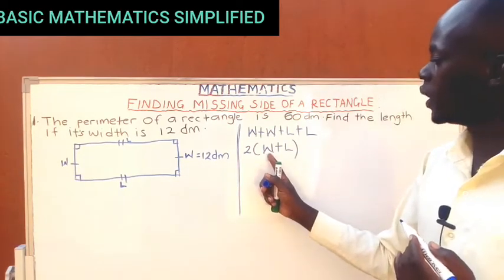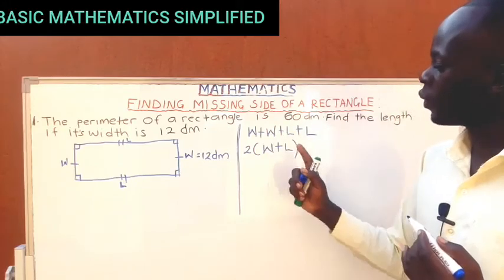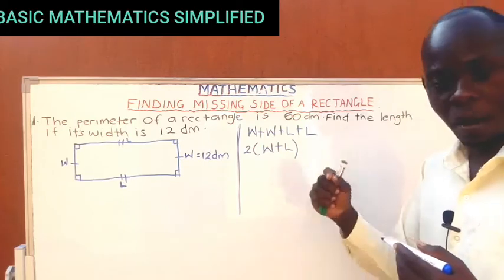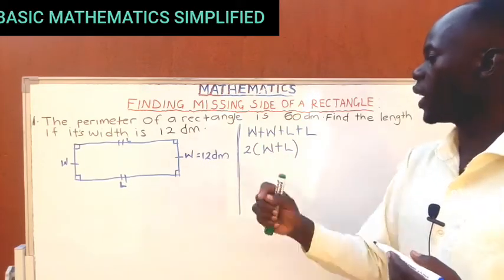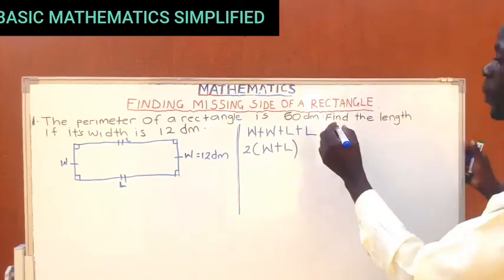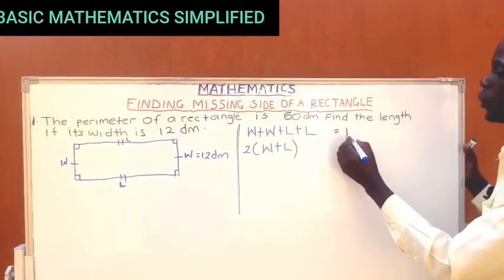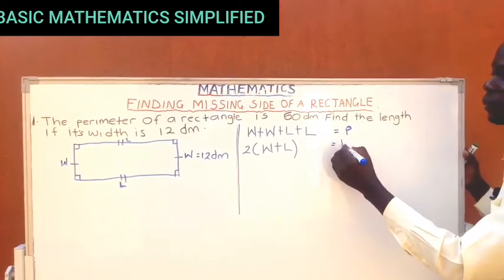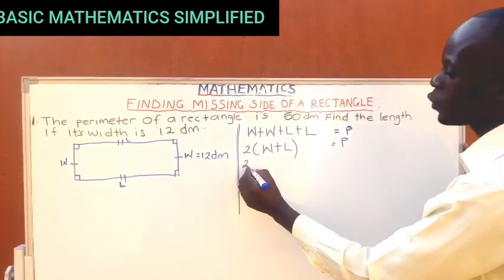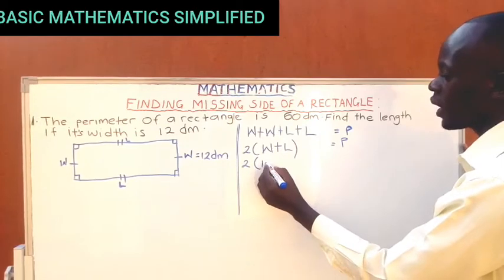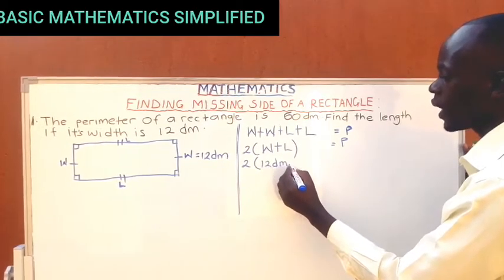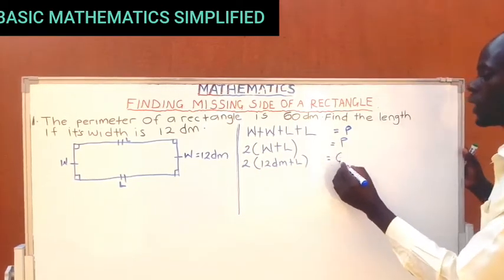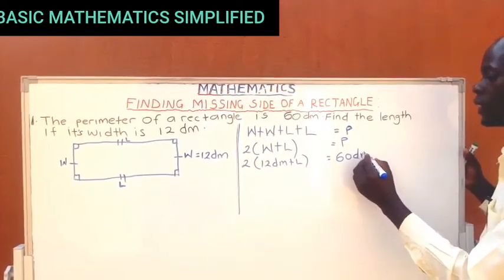But where you have put width, remember to put width when you're substituting. Where you have put length, don't just put them anyhow. The order matters a lot. If I've started with length, then I would put length the other side. This one equals, let perimeter be represented by letter P. So if this is P, now we have 2 times width, which has been given as 12 decimeters, plus the length that we don't know, equals the perimeter, which has been given as 60 decimeters.